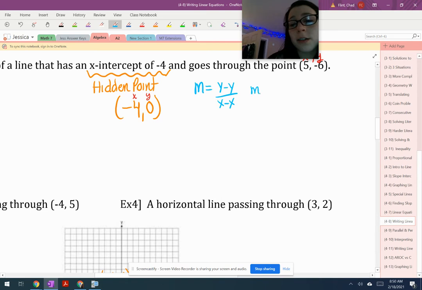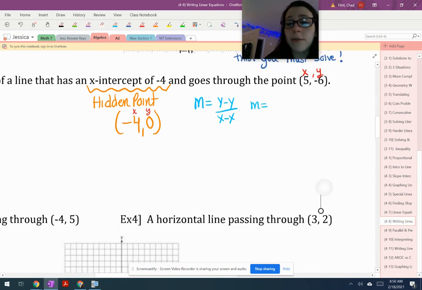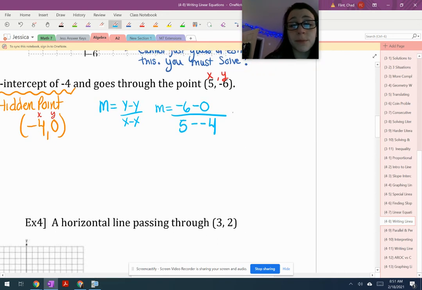All right, so we have a y value of -6 minus 0. Now, since I took from the 5, -6 point first, I have to use the 5 first in the bottom. Minus negative, notice how I add those double negatives there, minus from the formula, negative from the -4 in the point. -6 minus 0 is just simply -6.